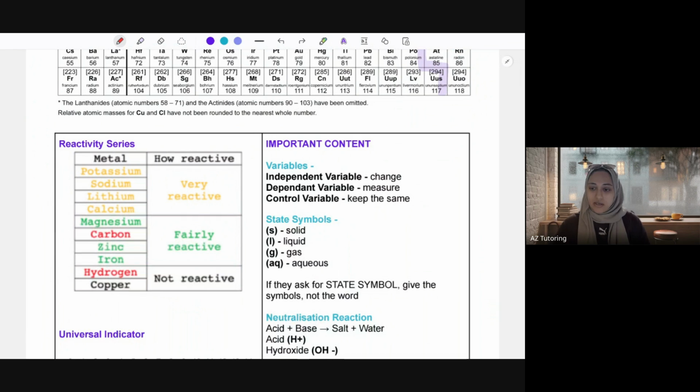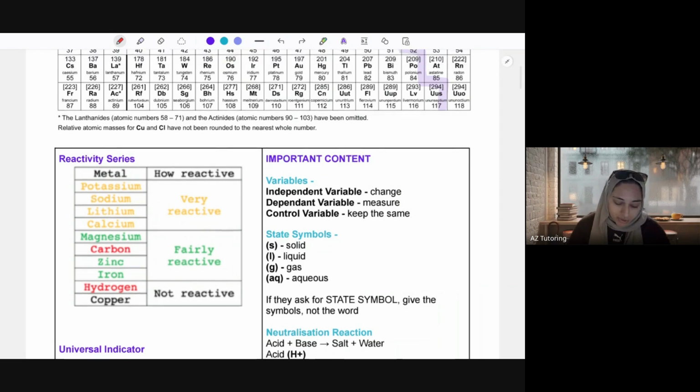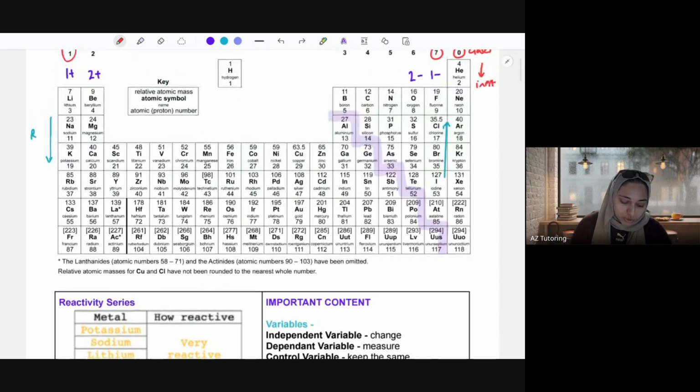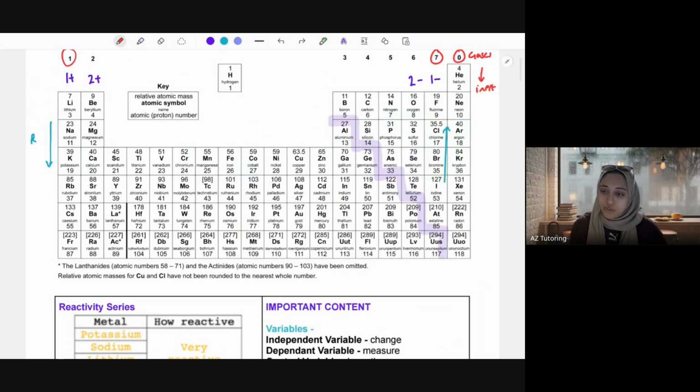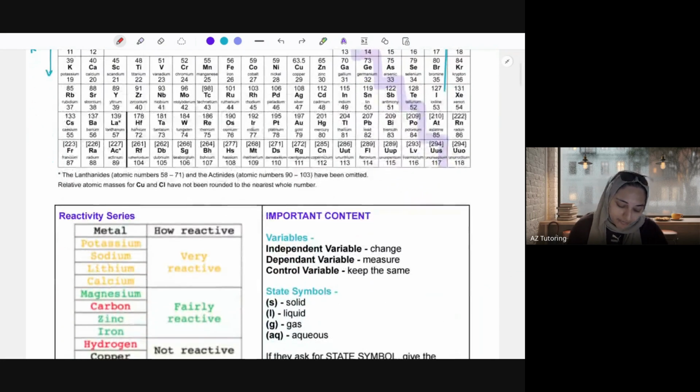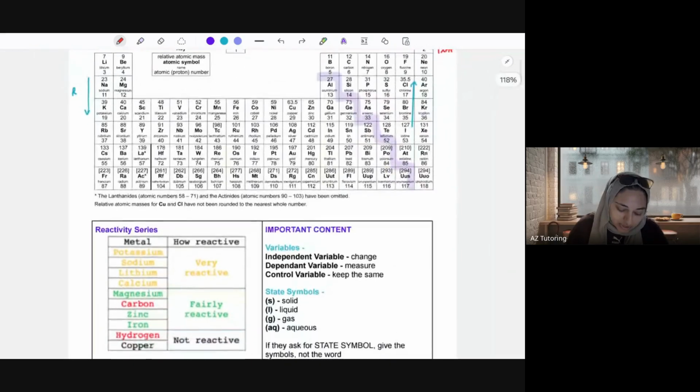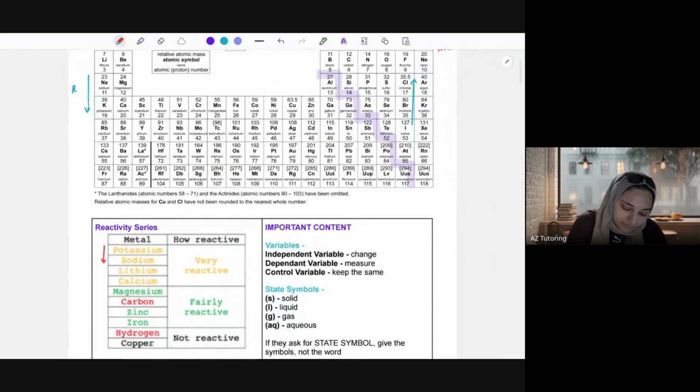Okay, so moving on, we've also got the reactivity series, which you do need to memorize. There is a longer version of this, which I've seen online, but for AQA, you just need to know these. An easy way to remember this is that going down group 1 and group 2, the reactivity increases. Looking at the reactivity series, you can see it goes potassium and sodium.